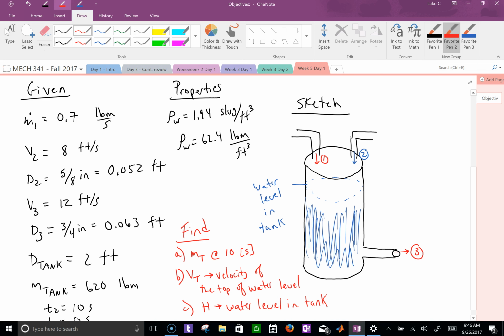Yes, mass of the water in the tank. That's just the mass of the water. Yep, it's all the way to the bottom. So we're pretending it's filled all the way here. So that number 3 is pretty close to the bottom.